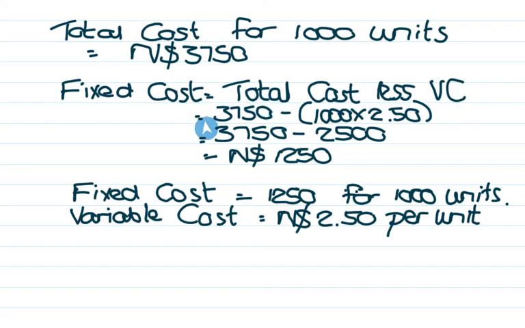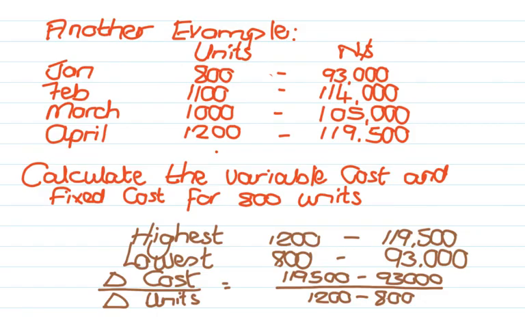My total cost, 3,750, less my variable cost for that amount of units. Remember now, you must take the units into consideration. We calculated the variable cost of 2.50 times 1,000 equals 2,500. So then I'm saying my fixed cost for 1,000 units is 1,250.